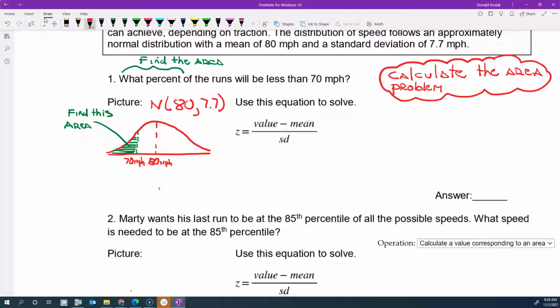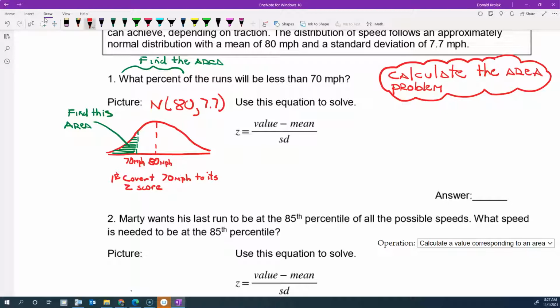So what we did was, first you find the z-score, and then find the table value for the z-score. So first we're going to convert 70 to its z-score. That's what the equation does right here.